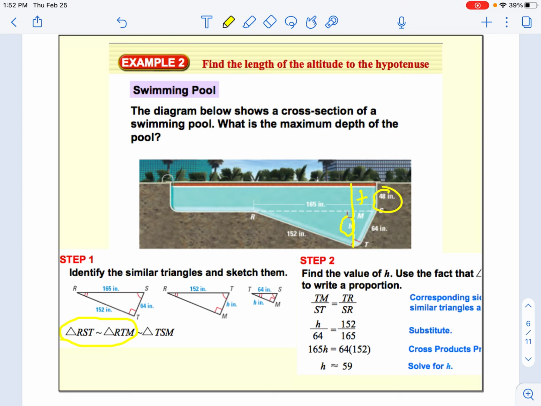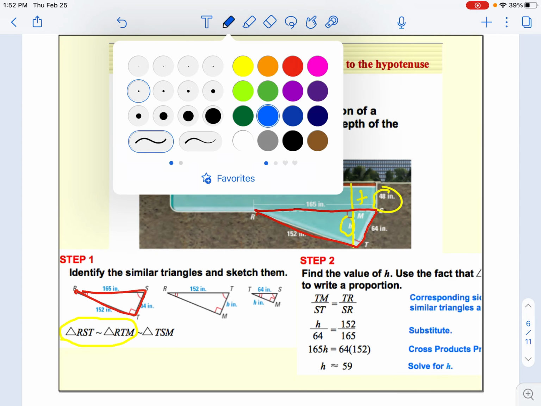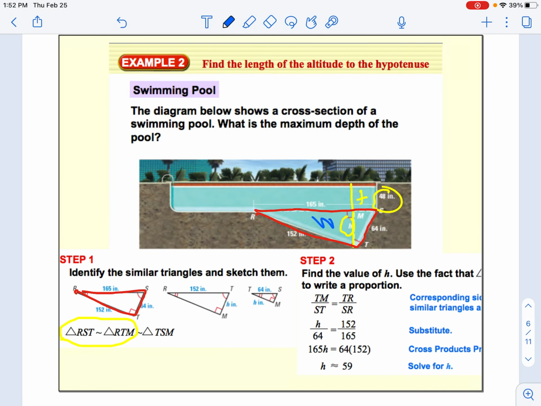All right, so one thing to do is, again, identify the similar triangles. So here is the large right triangle right here, and they've redrawn this separately, which can make it easier. And then we have the other two triangles. Here is this blue one right here.